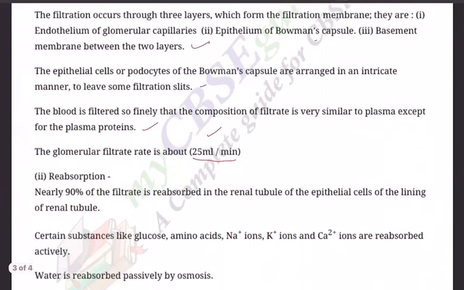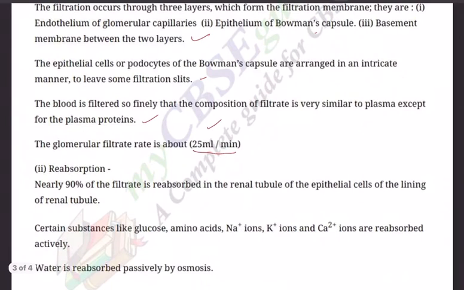Second point, reabsorption. In fact, it should be selective reabsorption. Nearly 90% of the filtrate is reabsorbed in the renal tubule by the epithelial cells of the lining of the renal tubule. Certain substances like glucose, amino acids, Na+, K+, Ca2+ are reabsorbed actively.